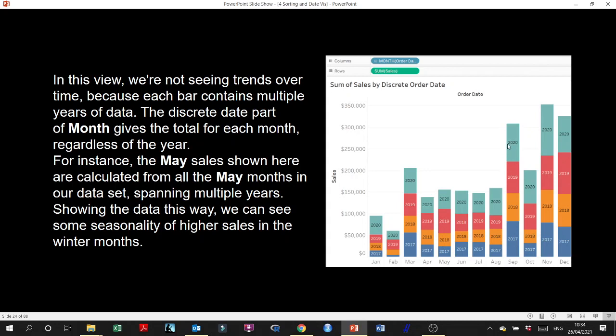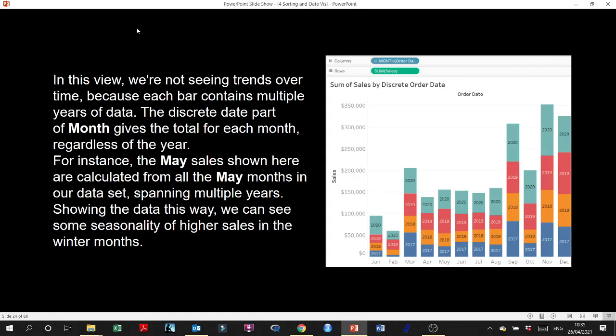For example, if September, October, November, December are considered winter, then September, November, December have the highest sales. And in general, winter seems to have the highest sales compared to other months. Other than the winter months, May stands out compared to the adjacent months.